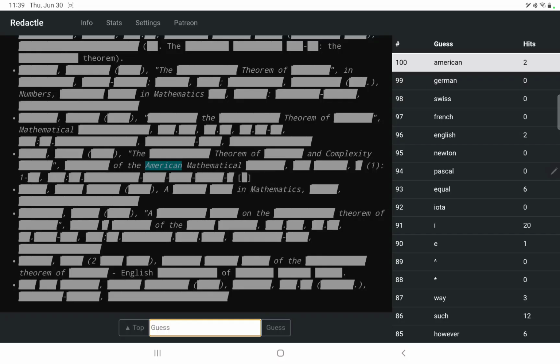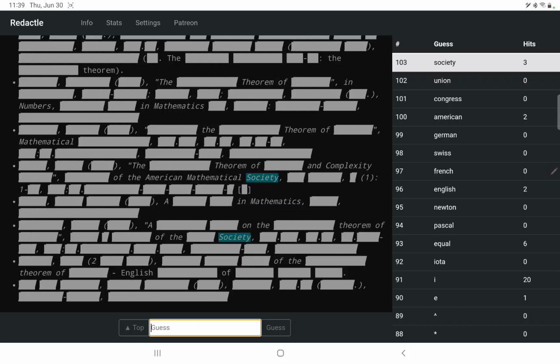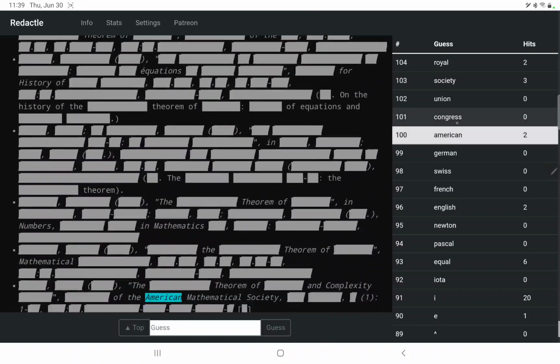Oh, American Mathematical. Is that Congress? Union? No. Society? Okay. Maybe the Royal Society? Oh, there we go.